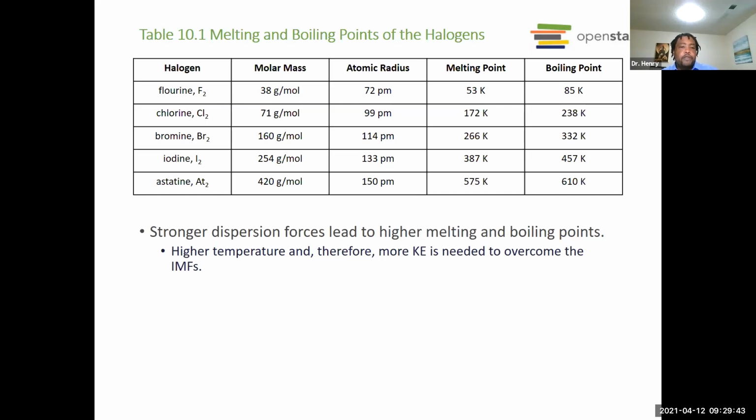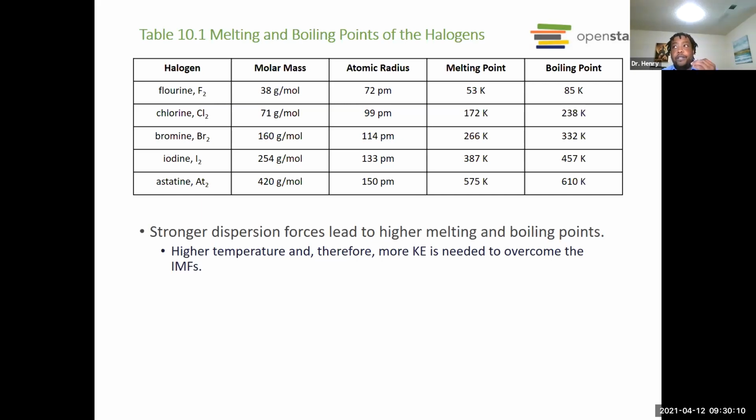So what is going to be the force involved in this process? You said dispersion, but then you said they're going to go through induction. Yes. Well, dispersion is that induced dipole. That's just another name.